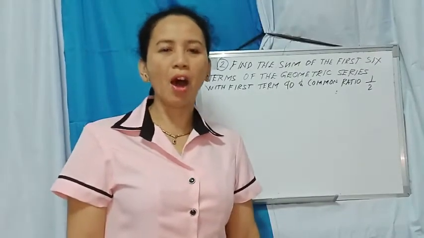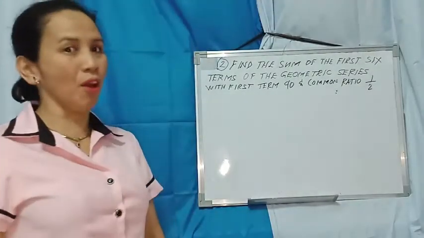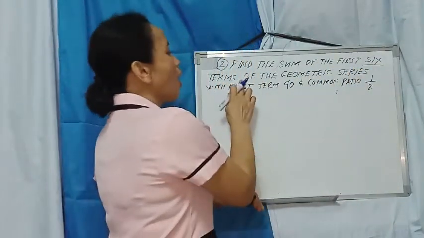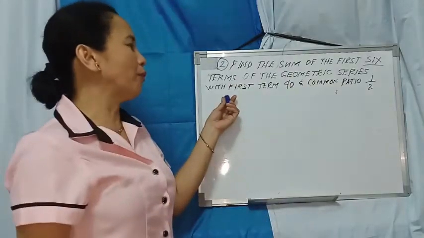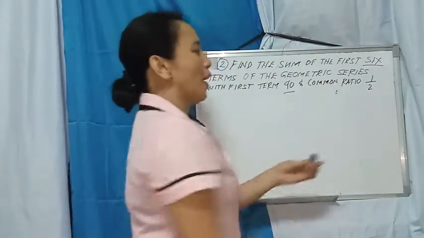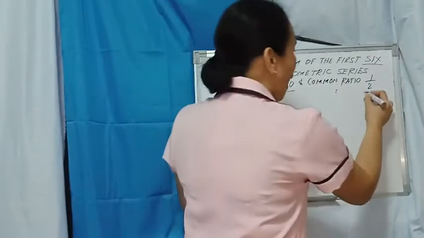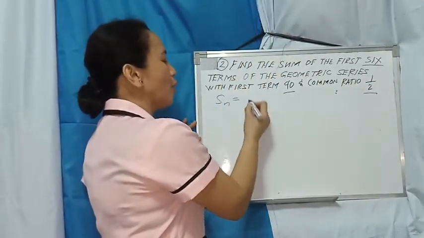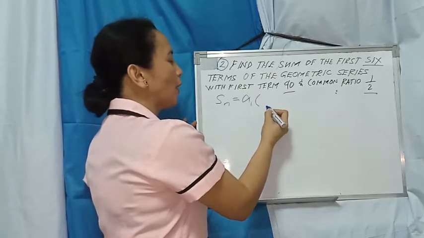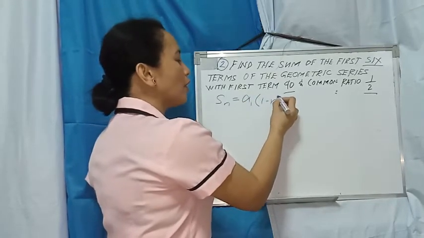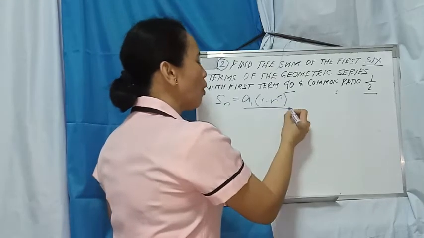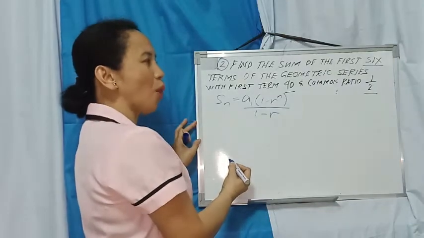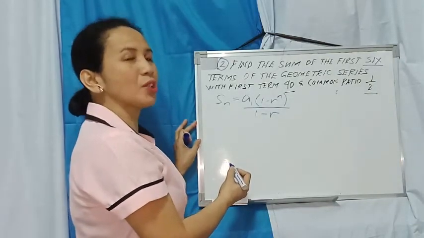Okay, let us have now example number 2. Find the sum of the first 6 terms of the geometric series with first term 40 and common ratio 1/2. So we have here a formula, S sub n equals a sub 1 quantity 1 minus r raised to the n, then all over 1 minus r. Again, we are asked to solve the sum of the first 6 terms.